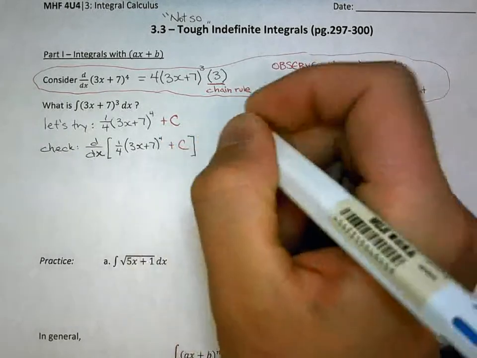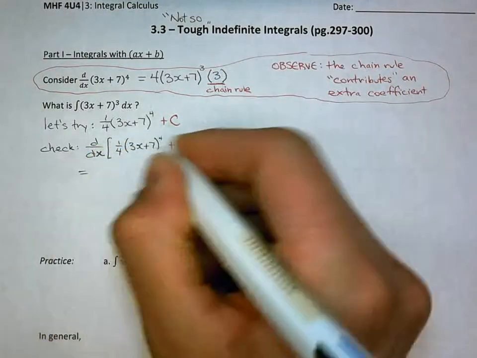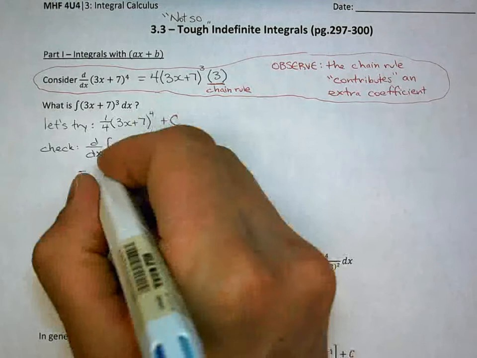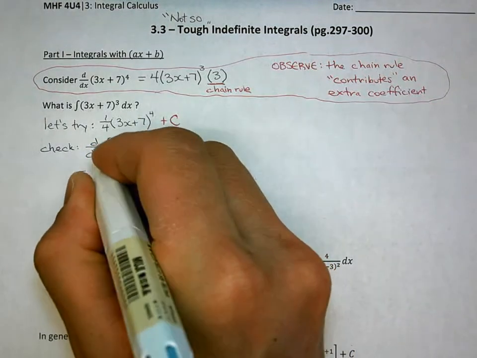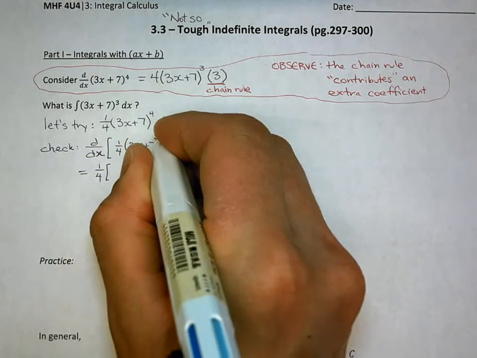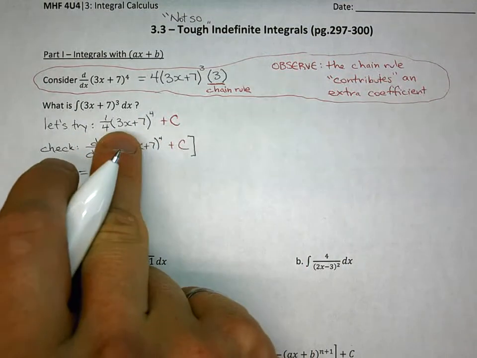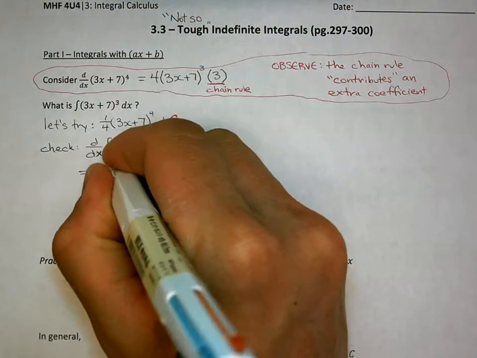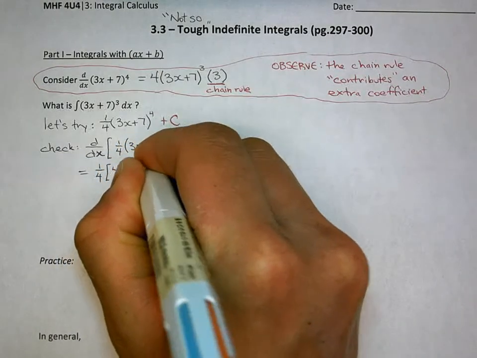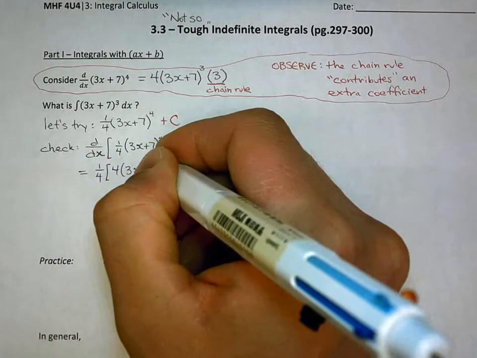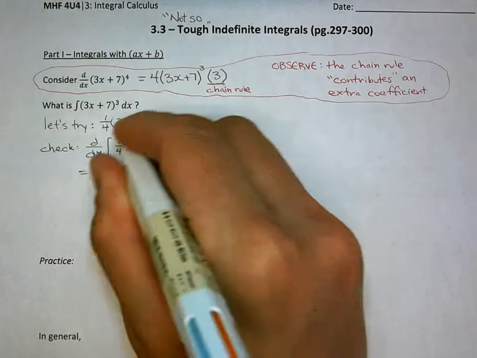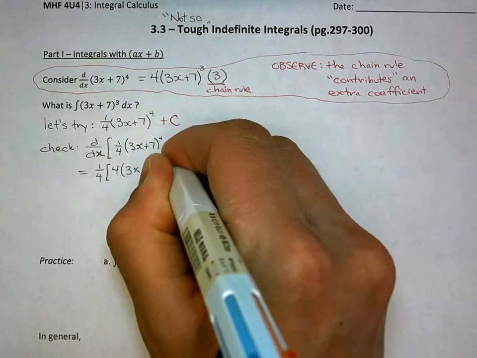Let's look at what the derivative of that is. The quarter we ignore for now. Something to the power of 4: the 4 comes down, then I have 3x plus 7 now to the power of 3. But then I have to take the derivative of the interior function, which is 3.